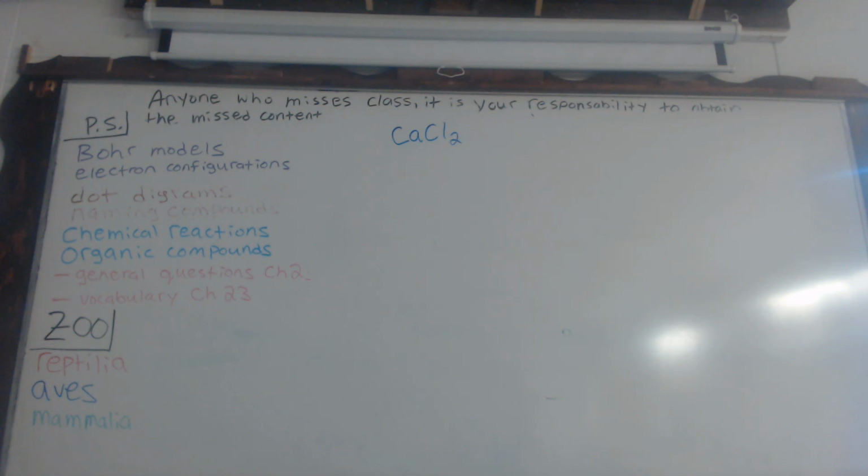And how do we know that this is an ionic compound other than us just telling you? Well, what type of substance is the chloride ion? Is it a metal or non-metal? It's a halogen.